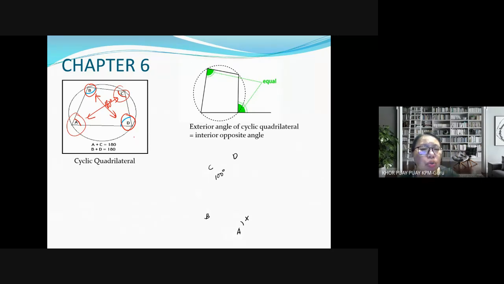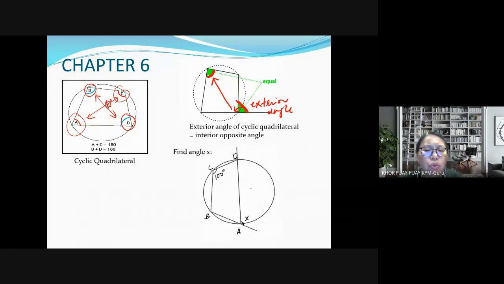Formula 2, when you are given a cyclic quadrilateral, the outside angle, or what we call the exterior angle, is always equal to the inside opposite angle. So this one here is the same as the outside one here. If they give you X here, you must go inside but to the opposite side. This 100 will be the same as your outside exterior angle.